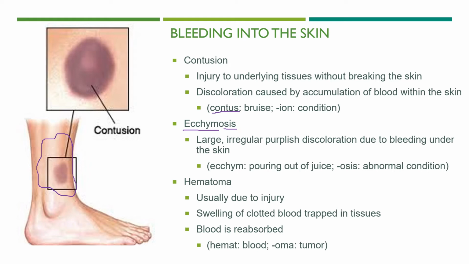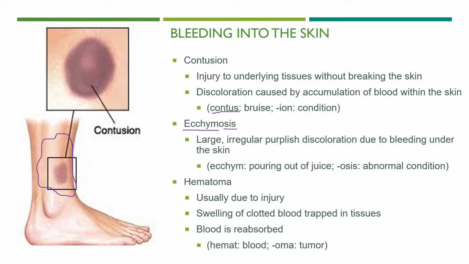We often see this in people who are taking medications that decrease blood clotting. So people who are on what you might call blood thinners, anti-clotting agents. We often will see these in that they get these areas of bleeding underneath the skin.